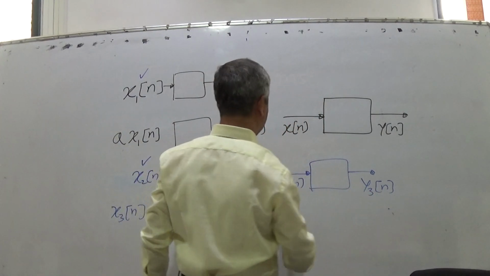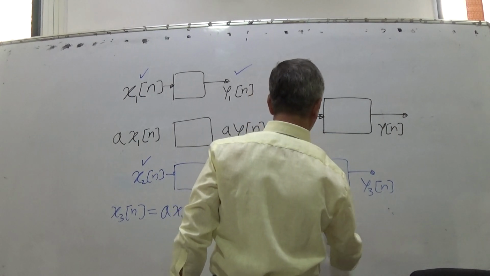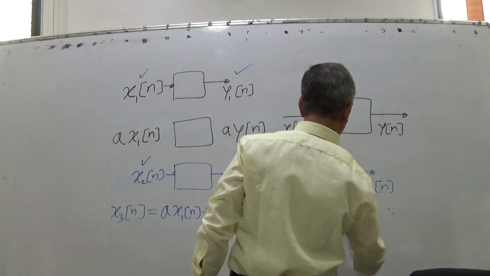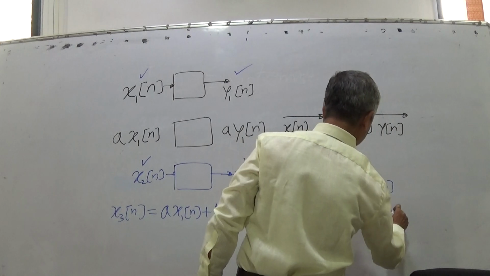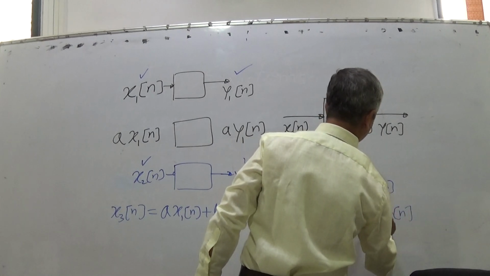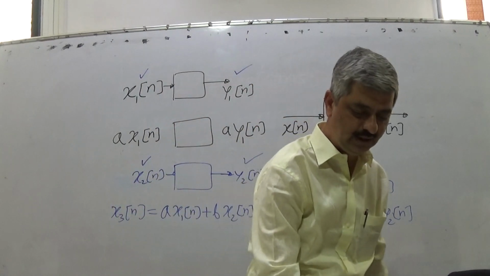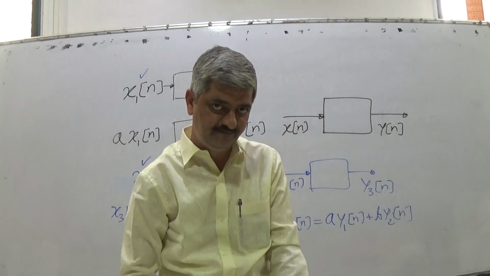If the system is linear, then y3[n] will be equal to a·y1[n] plus b·y2[n]. In that case, the system is called a linear system.